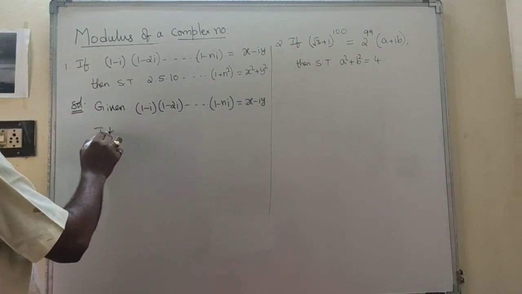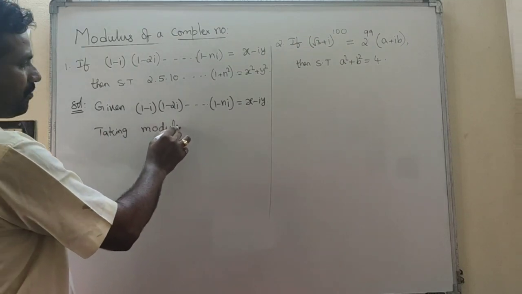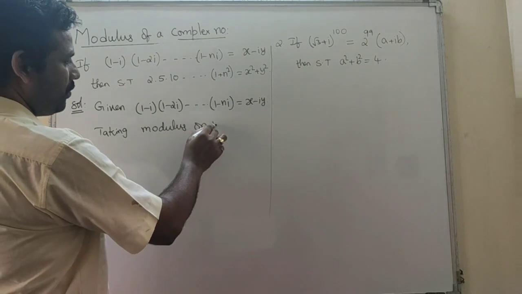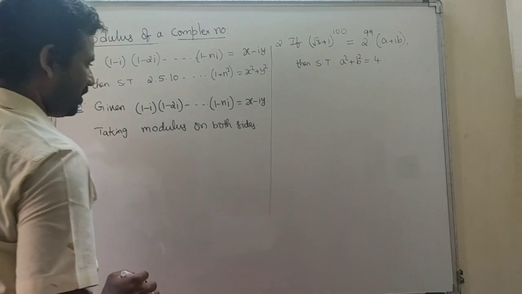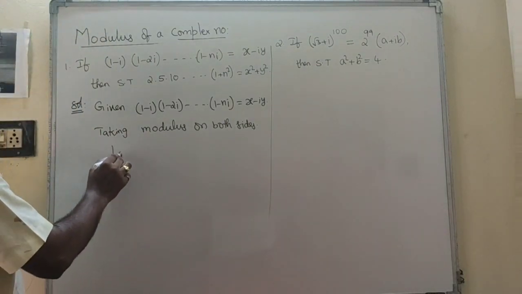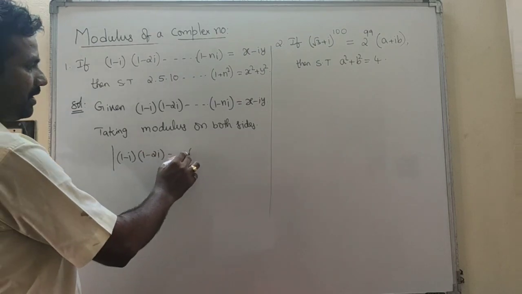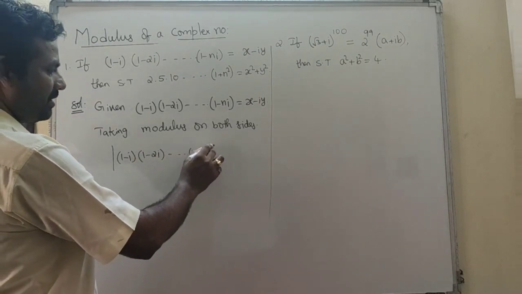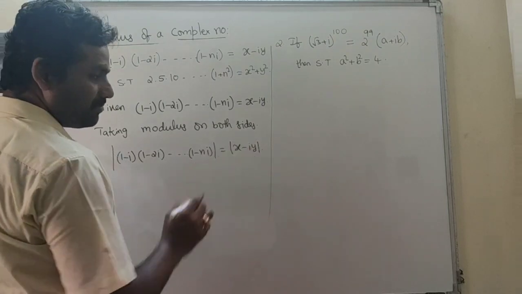Taking modulus on both sides. Modulus on both sides: mod of 1 minus i into 1 minus 2i and so on 1 minus ni equals mod of x minus iy.